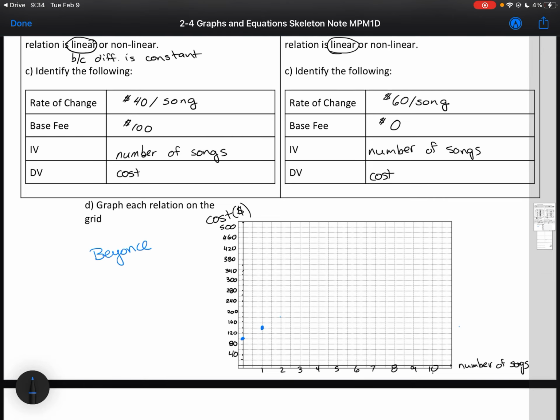For 2 songs, I'm going to pay $180. 3 songs would be $220. 4 songs would be $260. 5 songs would be $300.